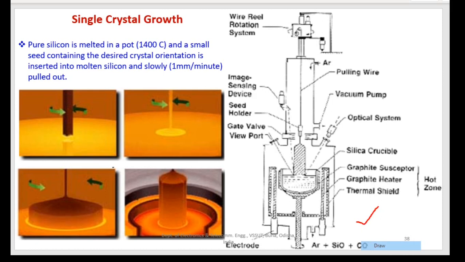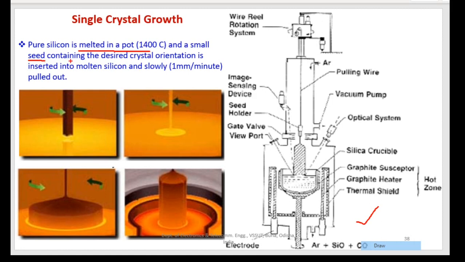But look here. Pure silicon is melted in a pot at around 1400 degrees Celsius, so it is heated at a high temperature. And a small seed is required, and this seed will be the main thing that will help us in the growth of the crystal.